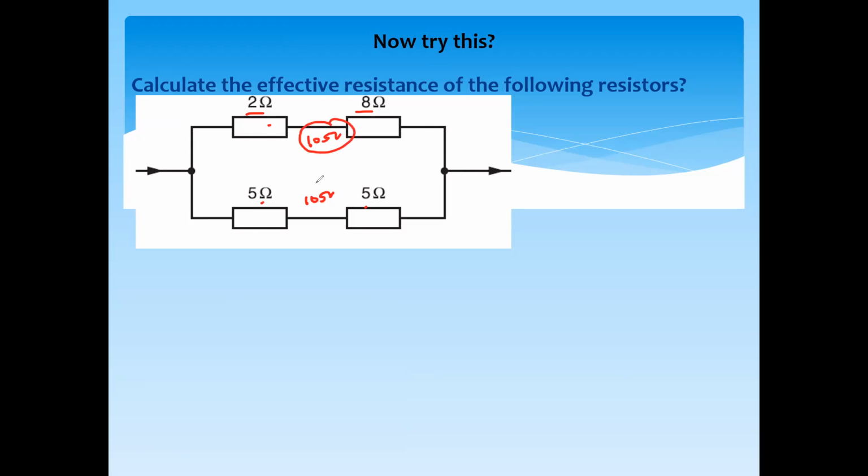But those two 10 ohm resistors are now in parallel. So it will be product divided by sum: 10 multiplied by 10 divided by 10 plus 10. So it will be 100 divided by 20, which is equal to 5 ohm. So the combined resistance of this combination is equal to 5. Is it clear, this example?